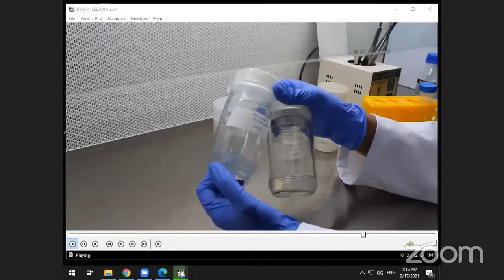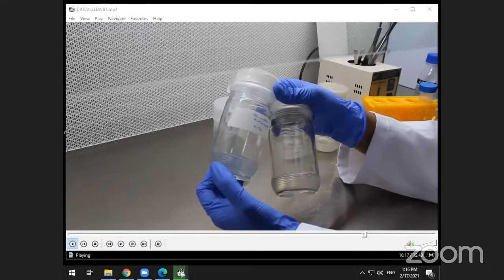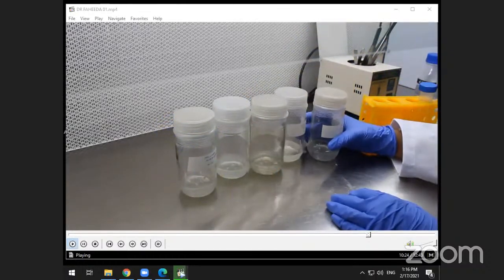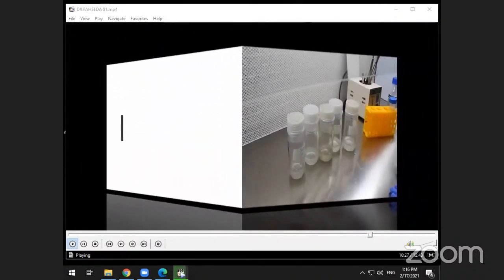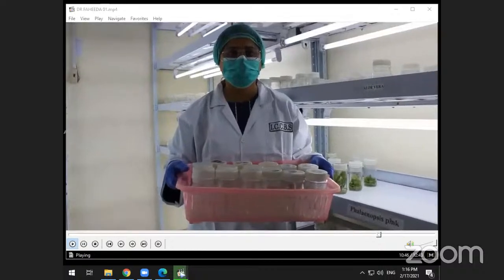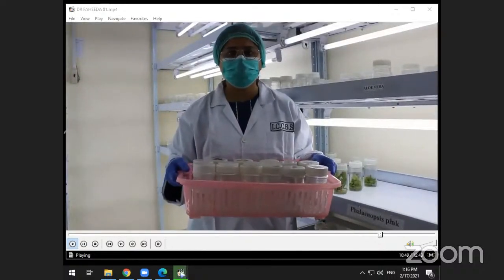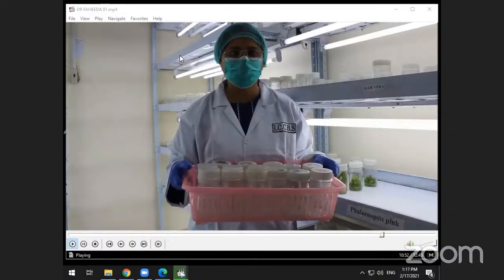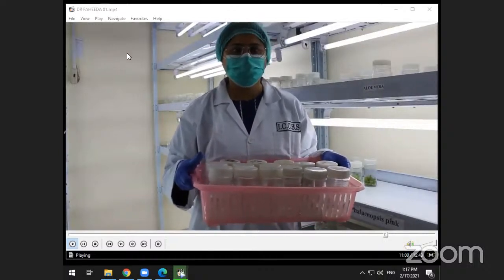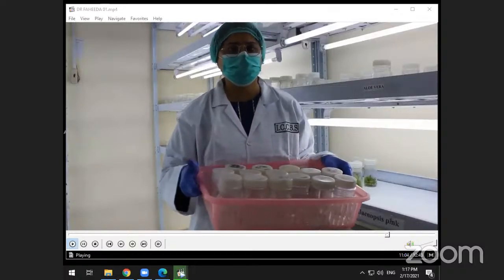These jars are now ready to be transferred into the growth room. These jars are now kept in growth room with illuminated condition of 16 hours of light and 8 hours of dark at a temperature of 24 degrees plus minus 1 or 2 and relative humidity of 40%.